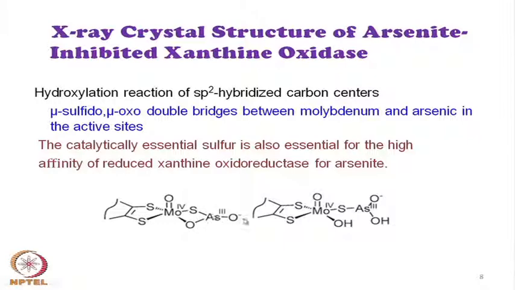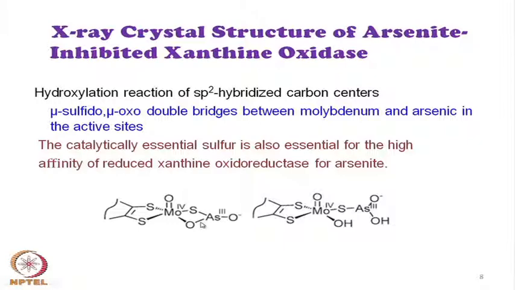So, if we simply attach it with arsenite, based on AsO2, which is coming from AsO3 species, we get something, because in this arsenite this oxygen is present with this arsenic. So, it will immediately remove the water loosely bound to the molybdenum site, and it establishes a new bond from this oxygen of the arsenite to the molybdenum site.